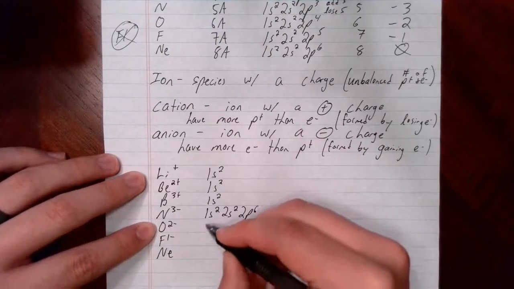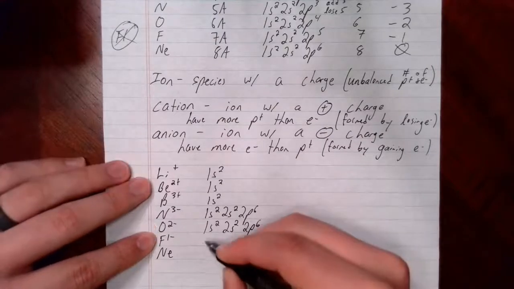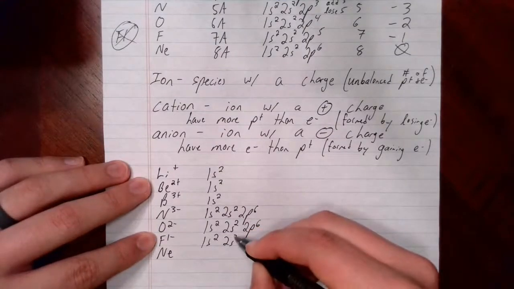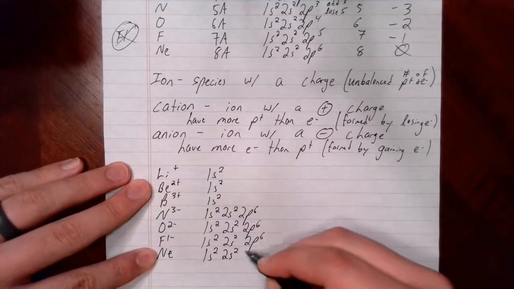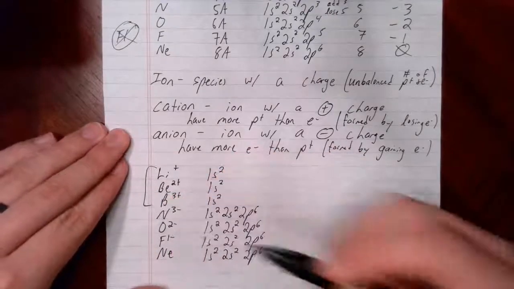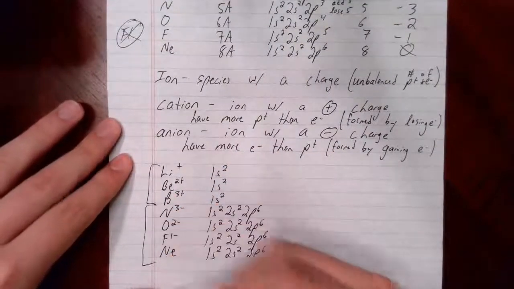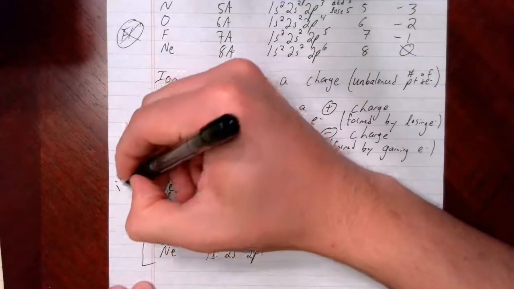Oxygen with a negative 2 charge is 1s2, 2s2, 2p6. So notice all of these have the same electron configuration, and all of these have the same electron configuration. So what's the term that we use for that? Hopefully remember it's isoelectronic.